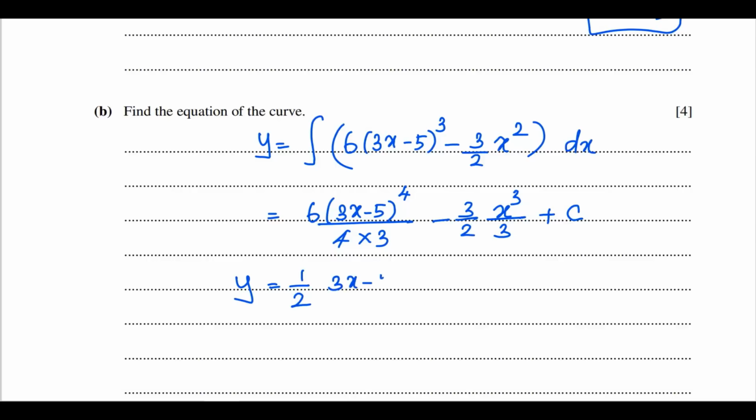So 1 over 2 (3x − 5) the whole power 4 minus 1 over 2 x cube plus C.